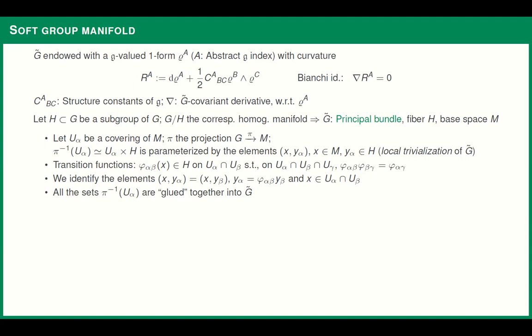Right, so you're describing exactly what you're doing. You're taking it locally, you have a coordinate patch U alpha, and in that coordinate patch the fiber looks like U alpha times H. Everything looks simple, but the whole interesting stuff is when you patch them together.